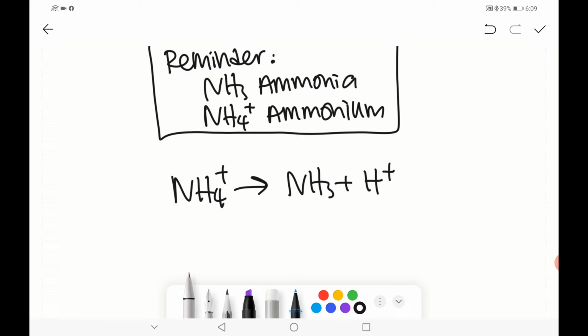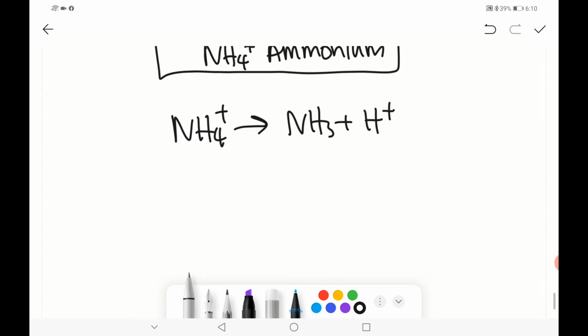Let me show you the whole picture first. How can we draw NH3? We can draw NH3 like this: an N bonded with 3 H. Nitrogen has 5 electrons: 1, 2, 3, 4, 5.